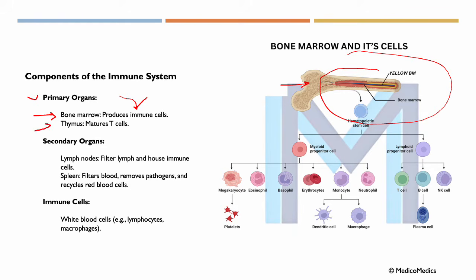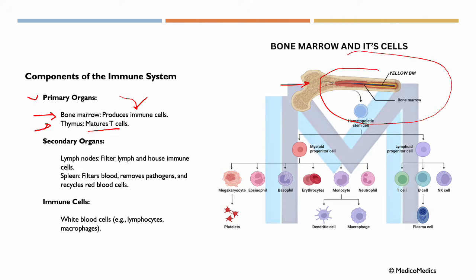Another primary organ is the thymus. This is where T cells mature. And the thymus is located in the anterior superior mediastinum. So it's just behind the sternum and in front of the pericardium.